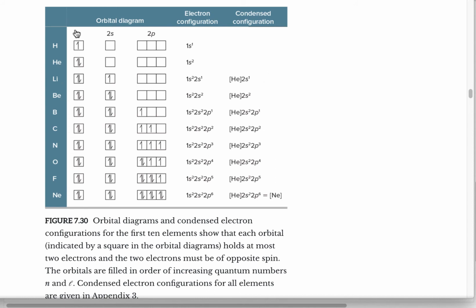Now, what's good about the orbital diagrams is that it gives us a visual display of how these orbitals are being filled up. So when you have partial filling happening with, for example, these 2p orbitals, you can see that they are filling up with not being paired up first. So these ones are all unpaired, and then we start pairing when we have to.